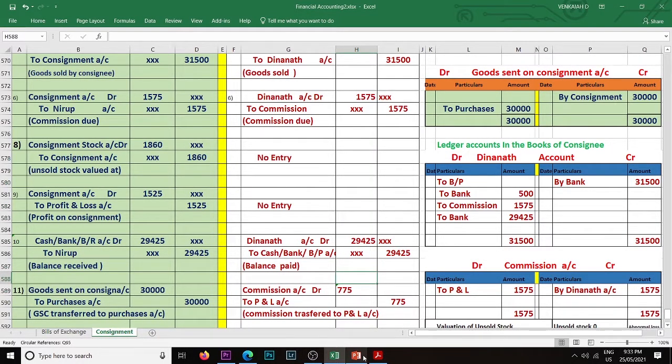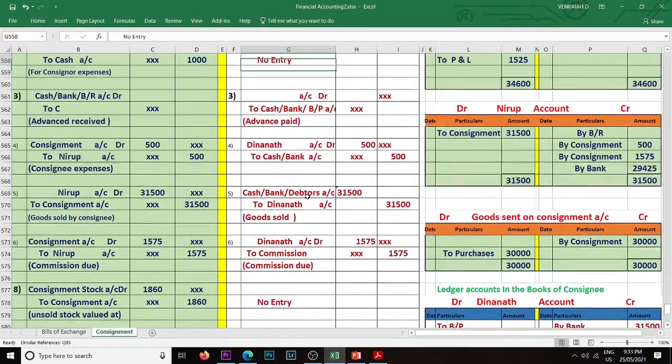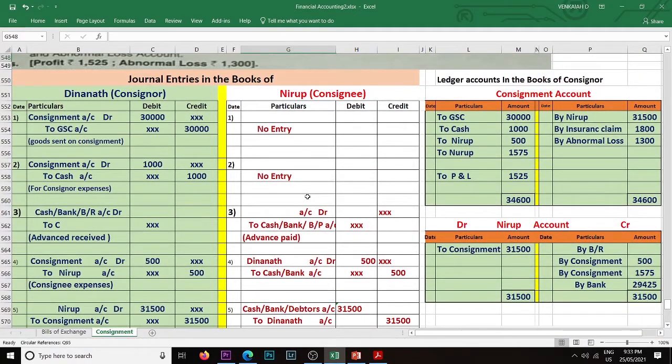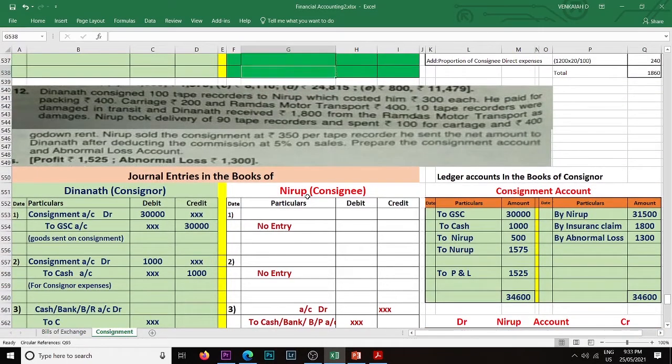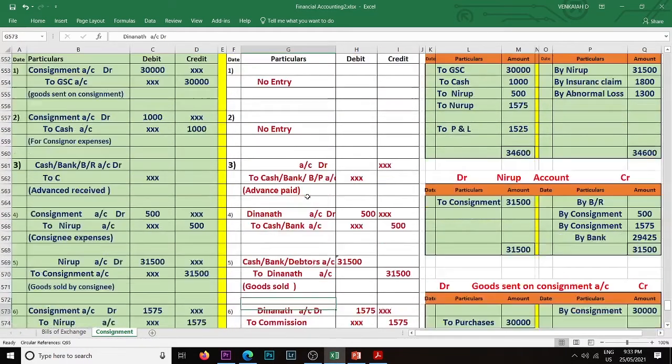Next problem is problem number 13, I think. Problem number 13. This is problem number 12. Yes, 13 problem I will copy.